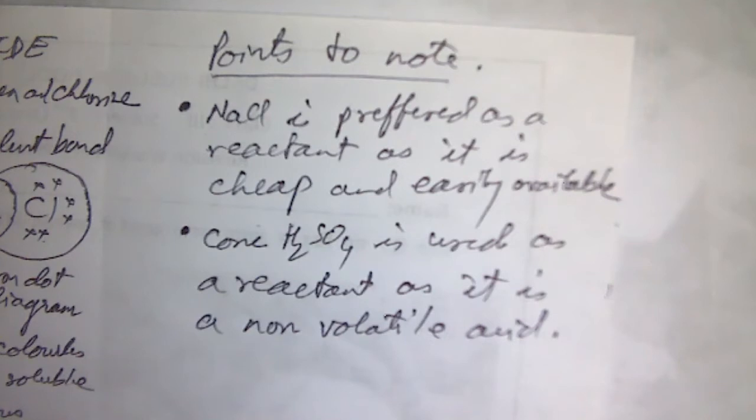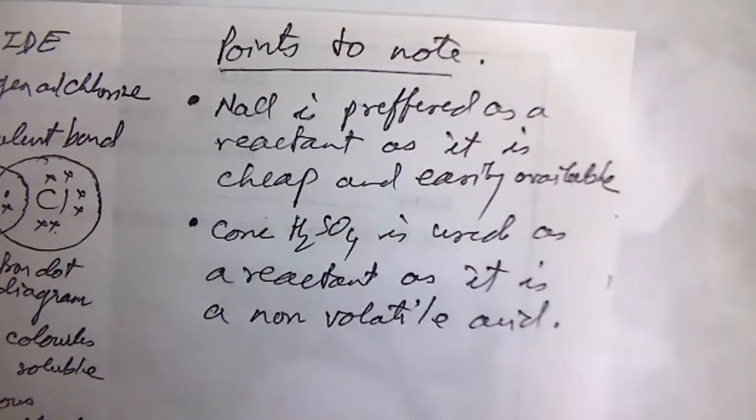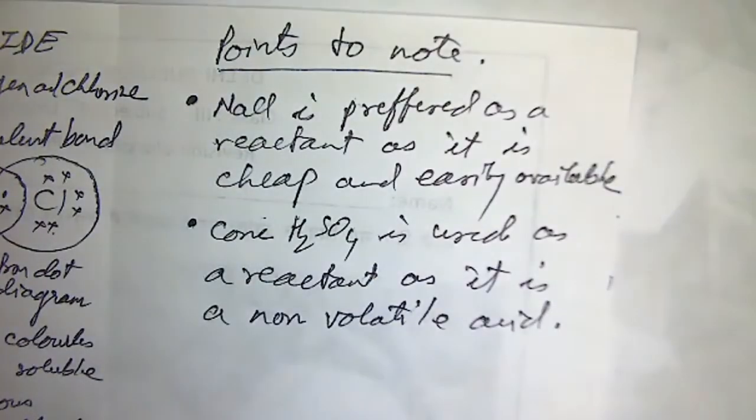Understood? So concentrated sulfuric acid is used as a reactant since it is a non-volatile acid. Clear? Why are we using it as a reactant? As it is a non-volatile acid.